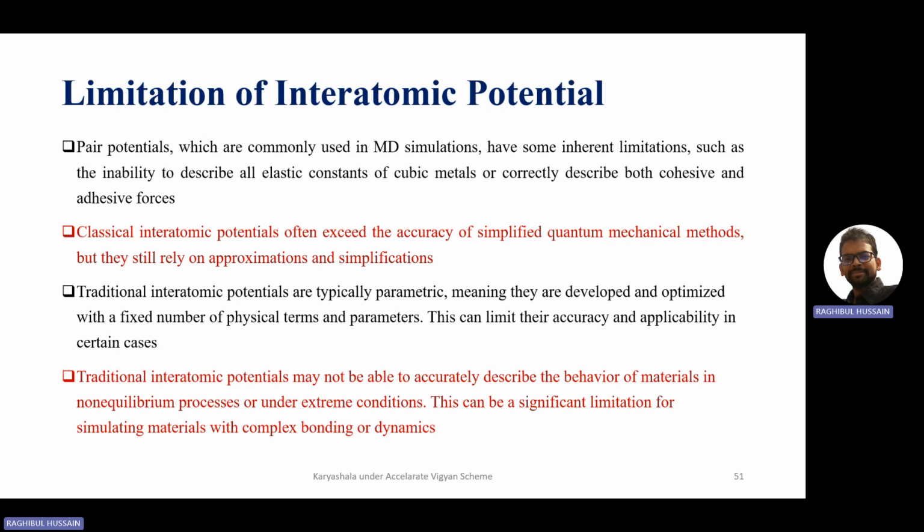But there are ways to overcome it. Either run a very long simulation, or you can do umbrella sampling, etc. But those are advanced techniques. So whenever this complex bonding or dynamics comes in, the existing force field will have very significant limitations.